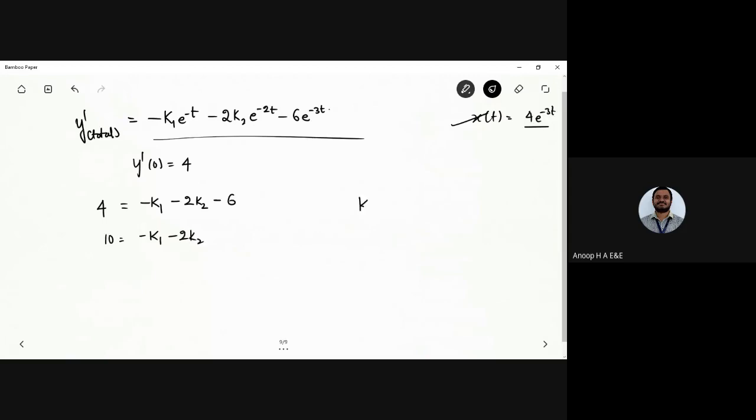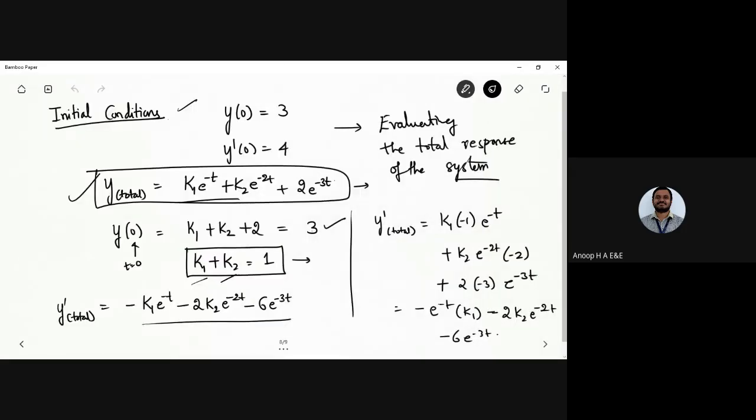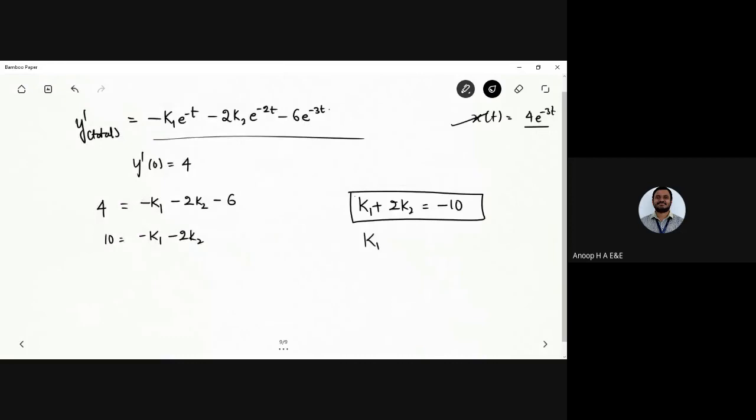So k1 plus 2k2 equals minus 10. This is the second equation. I recall the first equation I derived earlier, k1 plus k2 equals 1. This is the set of equations from which you are going to find the values of k1 and k2.